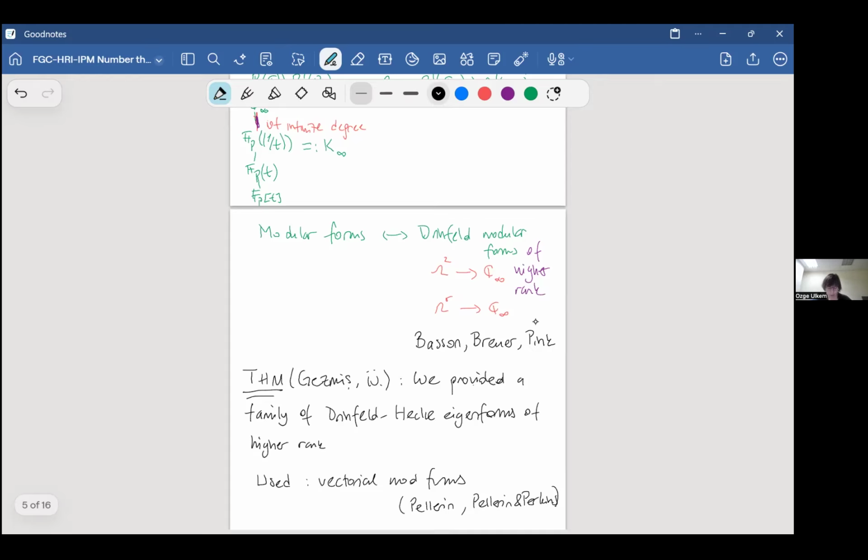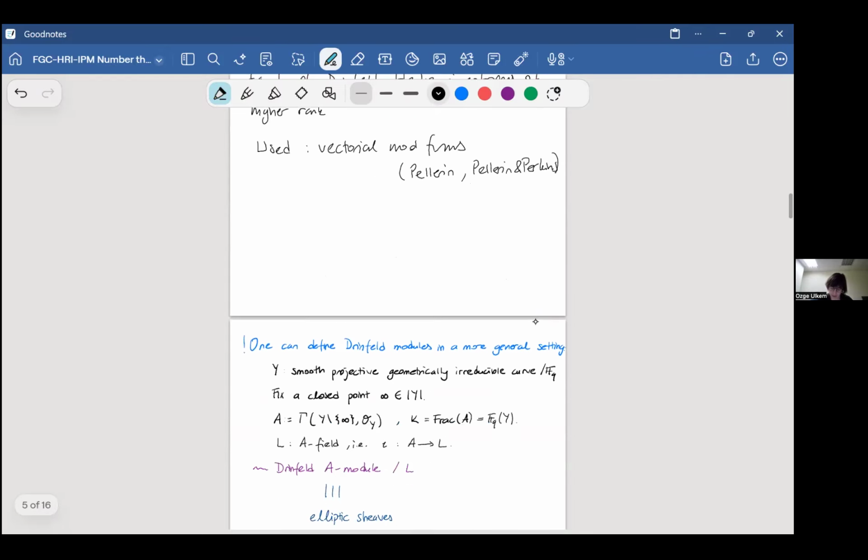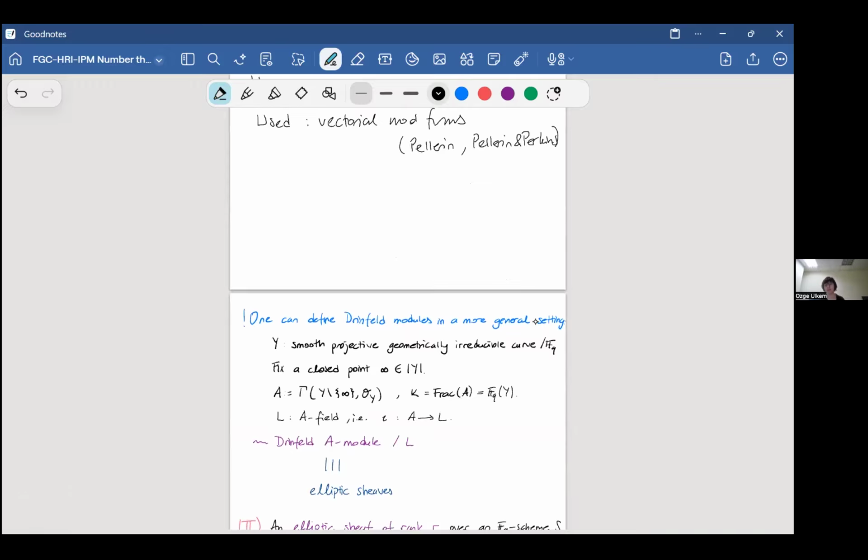So these are some analogies, and I'll try to make these analogies during my talk. So far we defined Drinfeld modules only over the polynomial ring F_q[T]. But one can actually define Drinfeld modules in a more general setting.